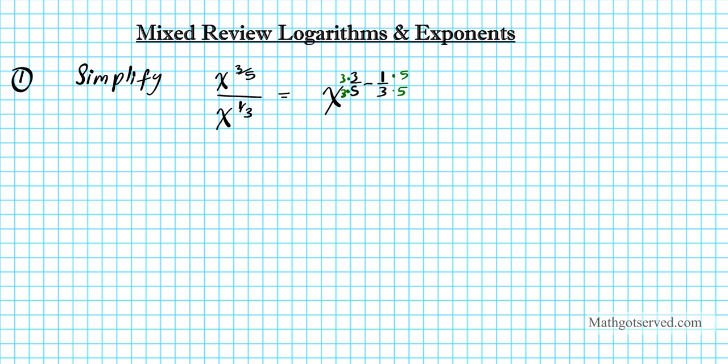So that yields x to the 9 over 15 minus 5 over 15. All right. You subtract it, you end up with x to the 4 over 15. Okay. All right. So there goes your final answer.